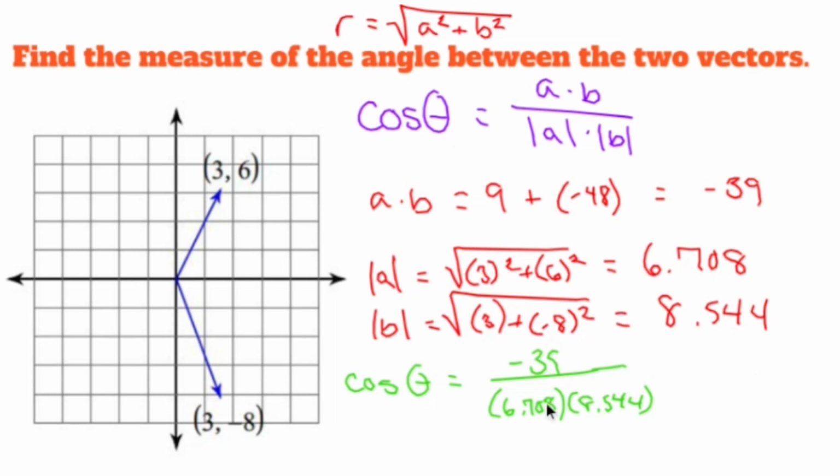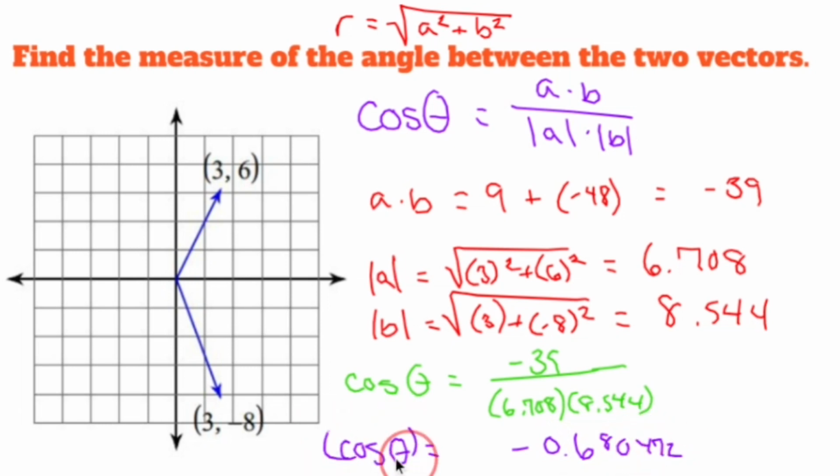That terrible number ends up being negative 0.680472. How did you do that, sir? I did it in my head. No, I didn't. I have it written down.